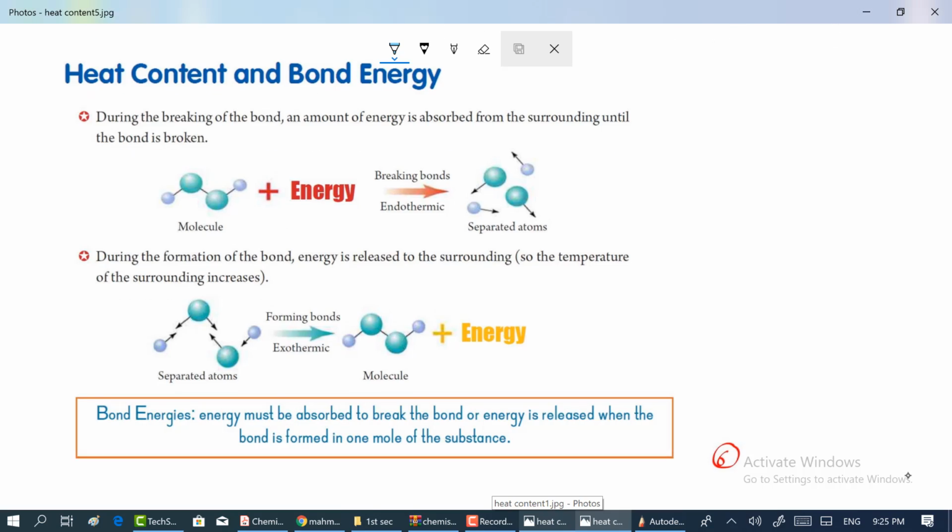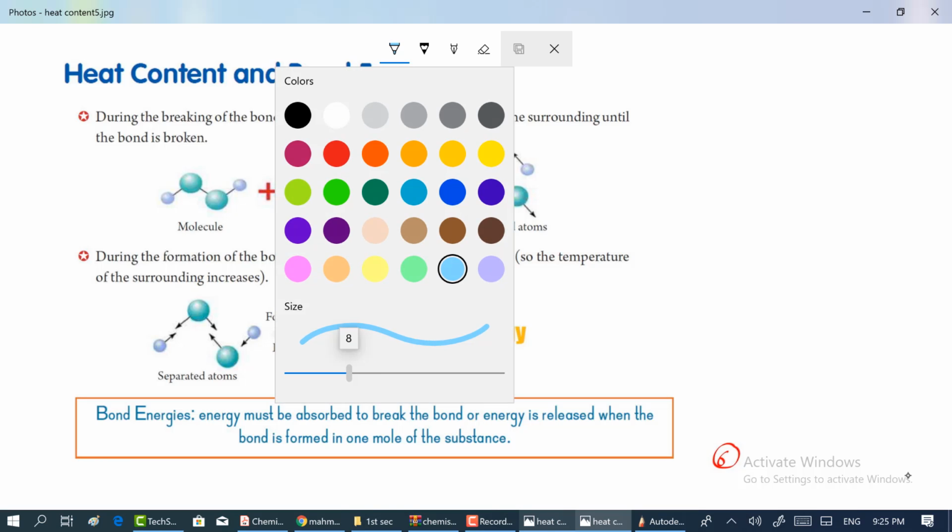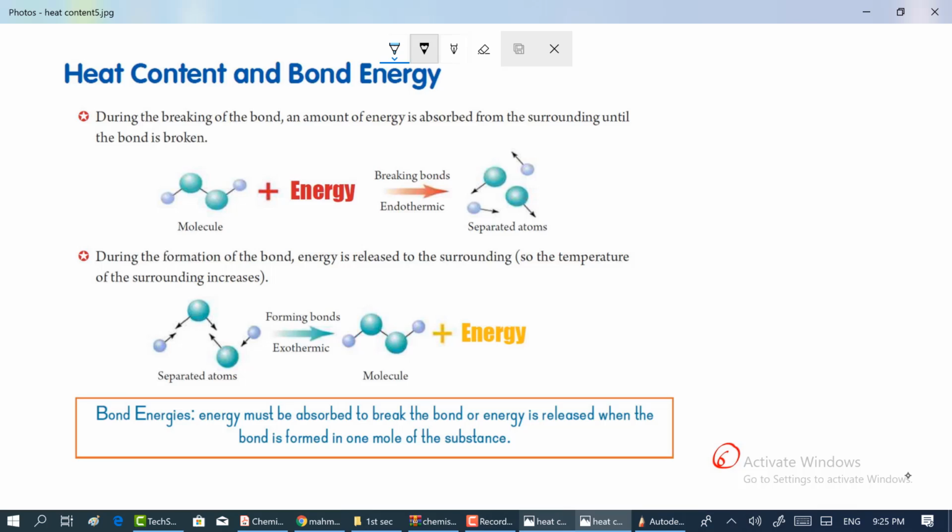If we're talking about the heat content and the bond energy, for formation of any compound, we can have two forms of bond energy.